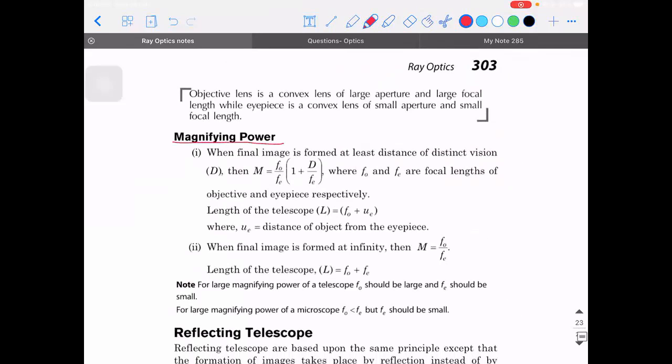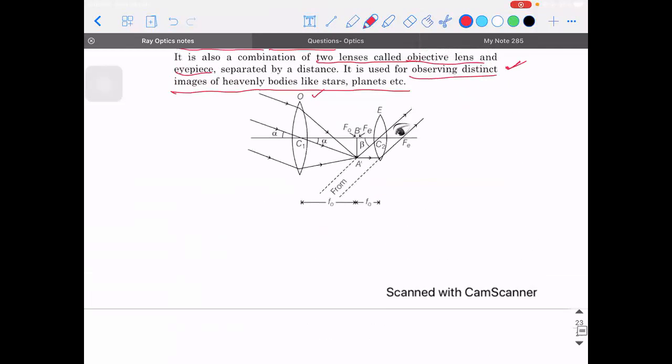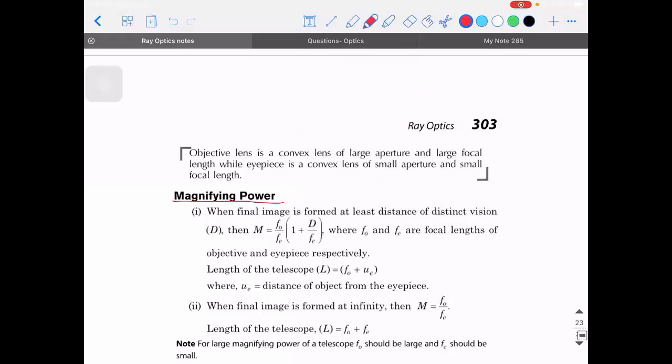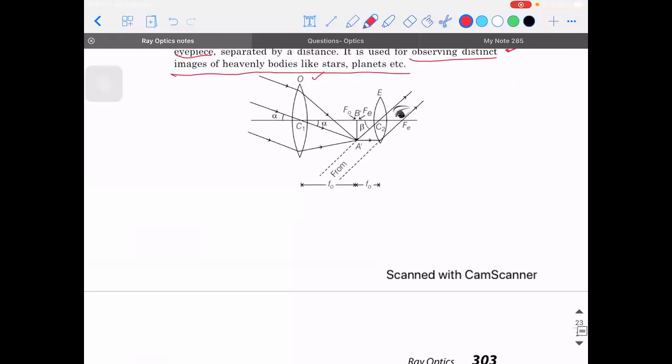How do we calculate the magnifying power? When the final image is formed at the least distance of distinct vision, this is f naught, this is fe.